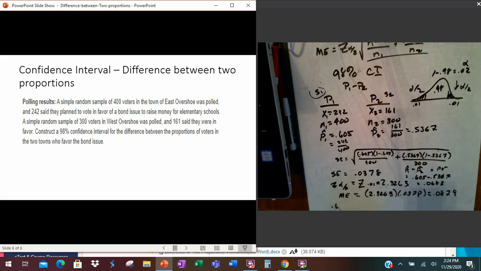So I'm going to write this as 0.0683 minus 0.0879 less than P1 minus P2, that's the population difference, and then 0.0683 plus 0.0879.